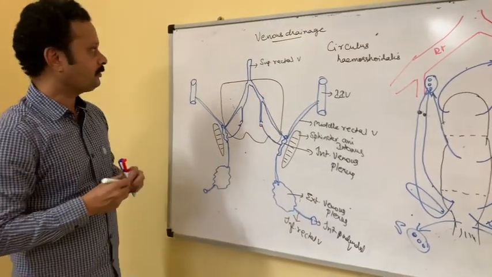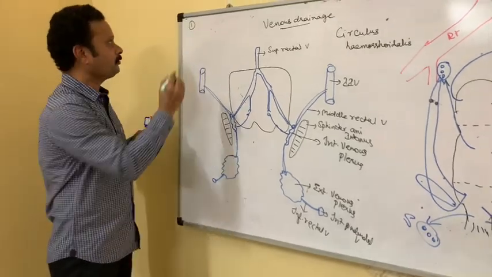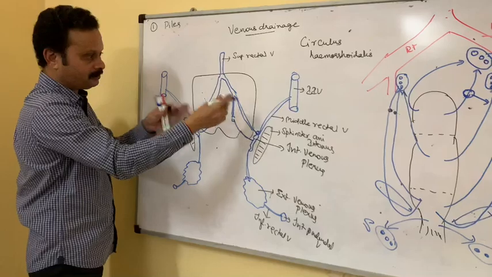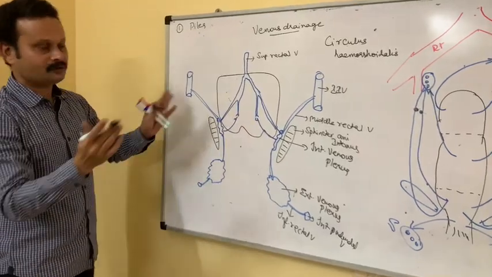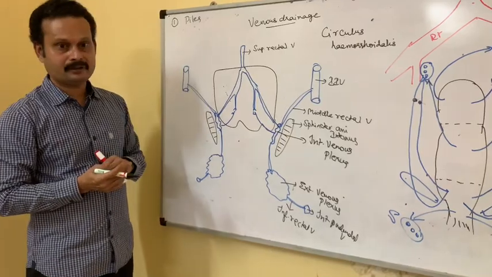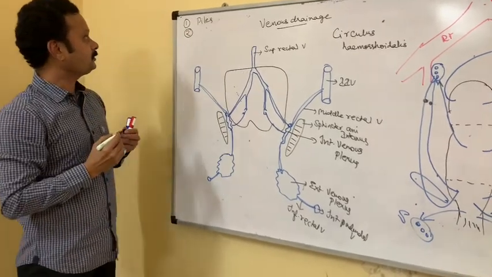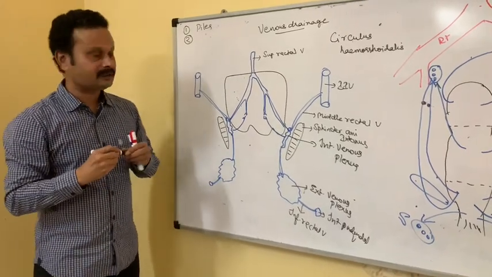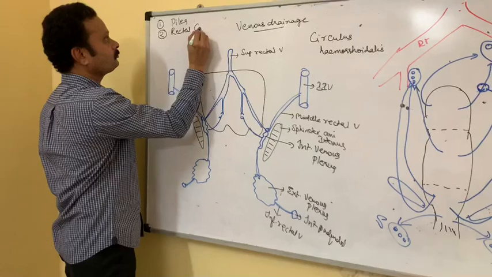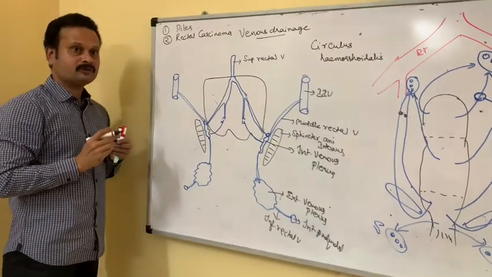Coming to the last aspect, that is applied anatomy. The important one, as you already know, is hemorrhoids or piles due to the engorgement of the anastomosis between the portal system and the caval system. The second one is rectal carcinoma, which is common and may be malignant.